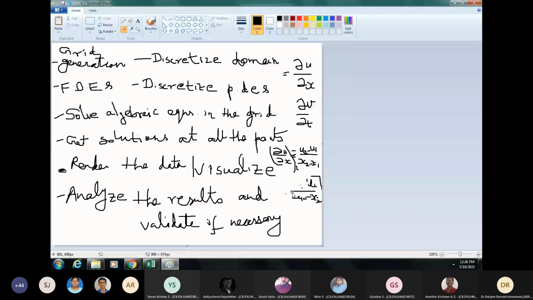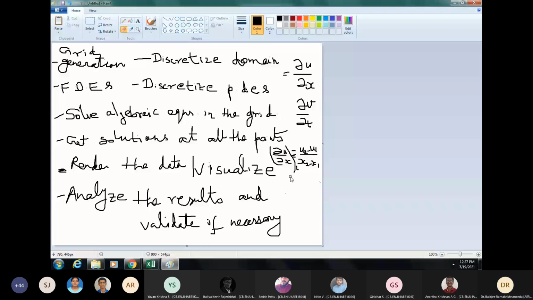Am I right? Yes, continuity. So there dou u by dou x, you substitute this. You substitute ui, so that into this, you will get some equation, correct? But algebraic equations. Okay. So at one point I, you substitute dou u by dou x by this. Same way, you substitute dou v by dou y, dou w by dou z by similar expressions at one point.